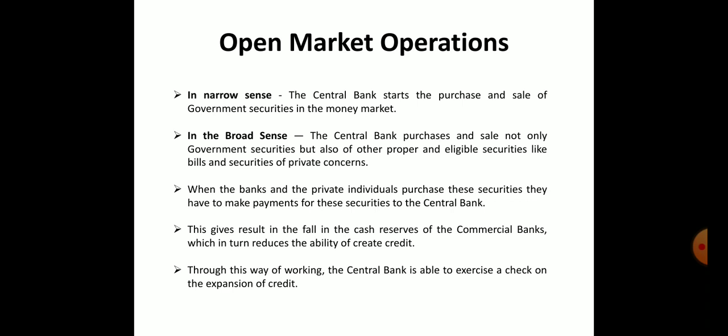So that controls the credit. And vice versa, when they want to expand credit, they will buy securities from the market, and cash is released, credit is released, and money supply is increased in the market.